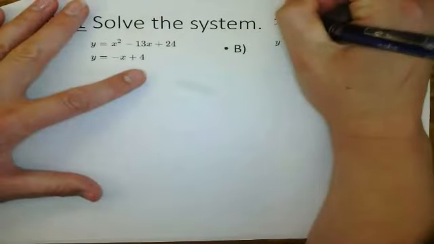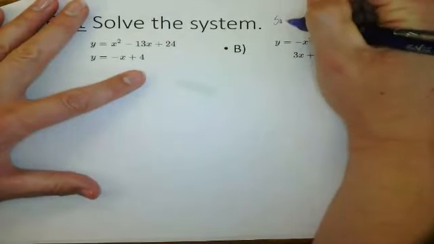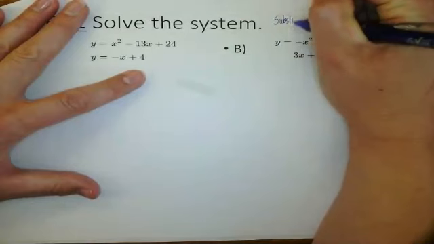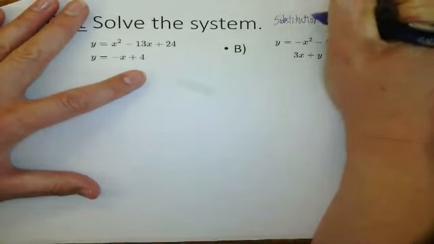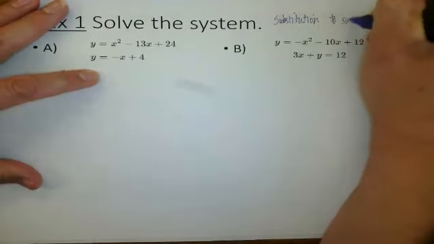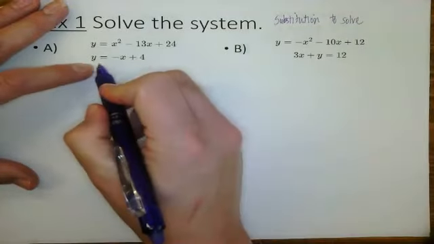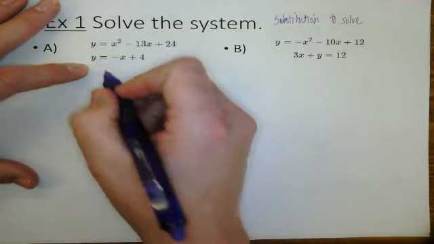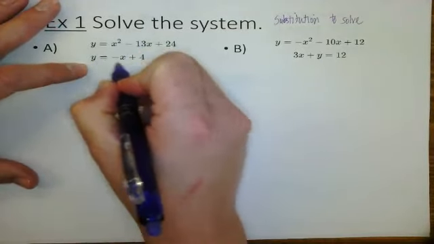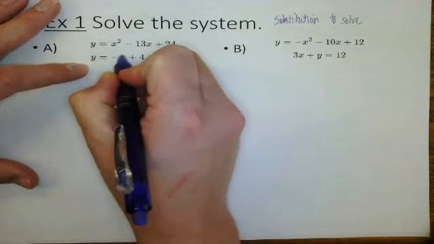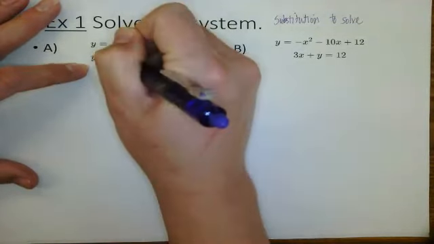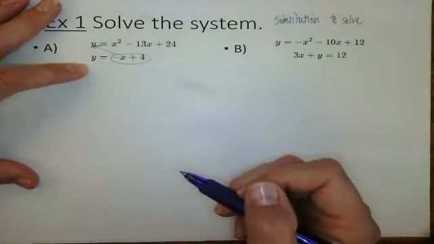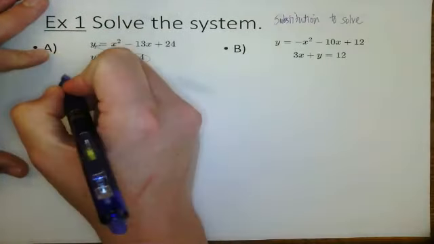So what we're going to do is we're going to use substitution. The substitution method to solve. And substitution literally means to substitute. So what we're doing here is we're saying, hey, y is the same as negative x plus 4. So I'm going to take negative x plus 4 and I'm going to plug it into the other equation in place of y.